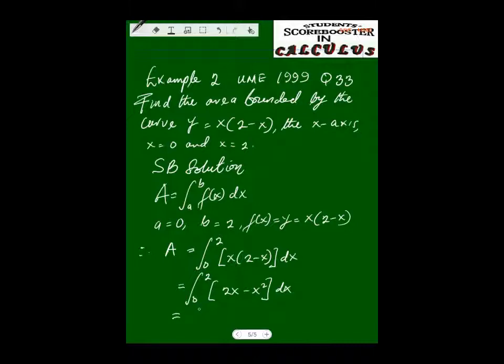Now if I integrate, I'm going to have 2x squared over 2 minus x cubed over 3, from 0 to 2.